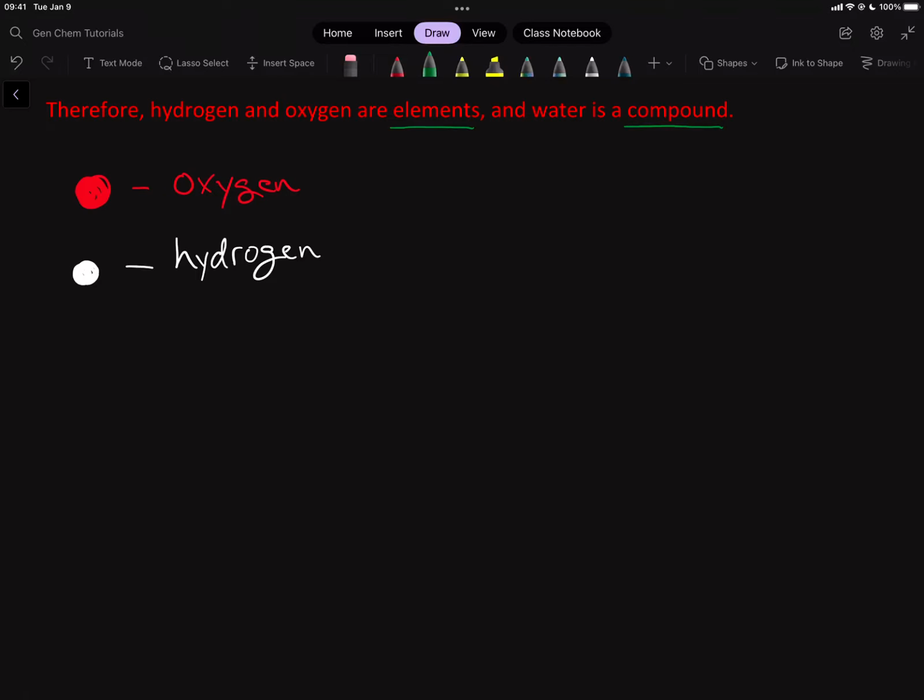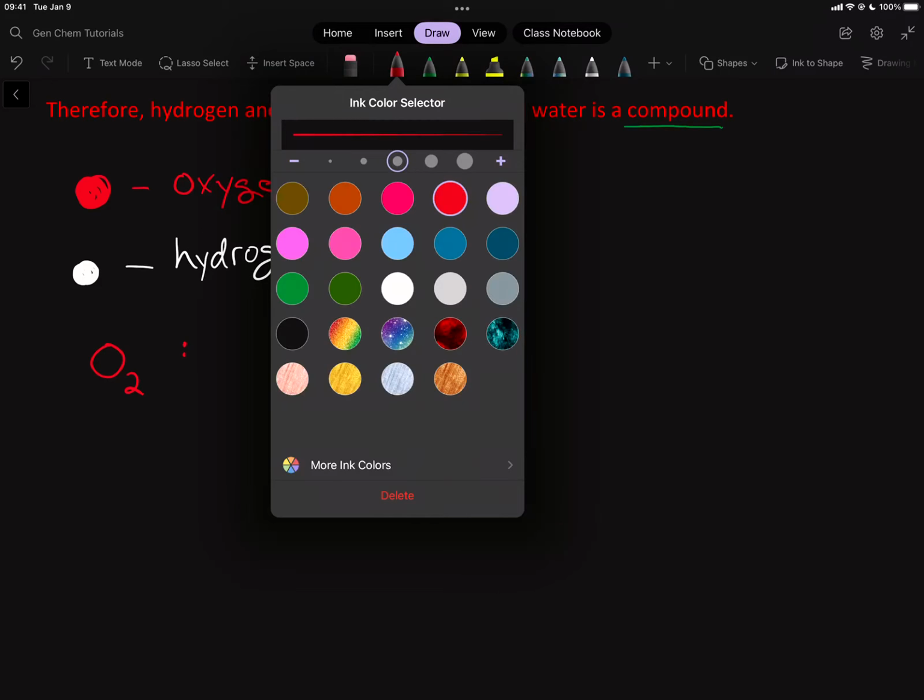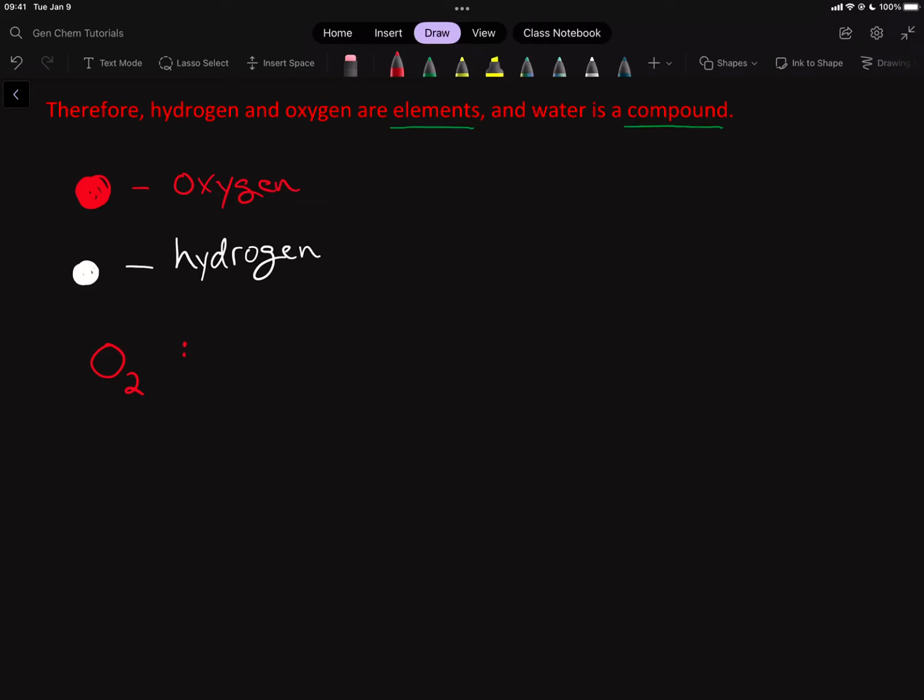So, with oxygen, elemental oxygen exists diatomically as O2. And so, in terms of just a simple ball representation, a 2D visual, if we want a molecule of O2, we have two of the oxygens.